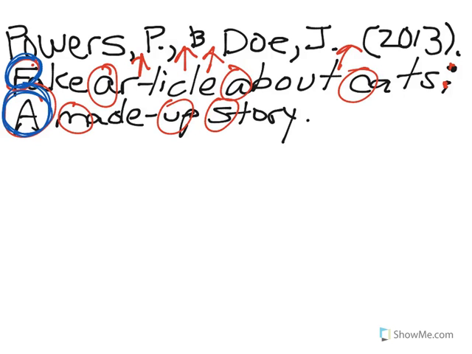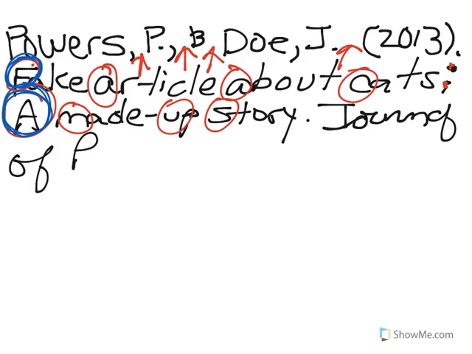So now you're also going to need to cite the journal name. The journal name is capitalized except for any small words under 3 letters like and, it, those kinds of things. So let's say that this is the Journal of Psychology.